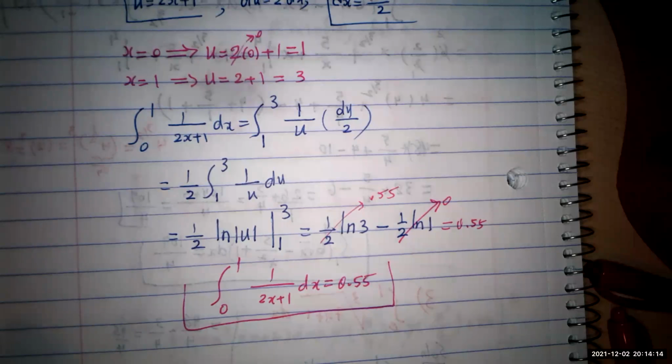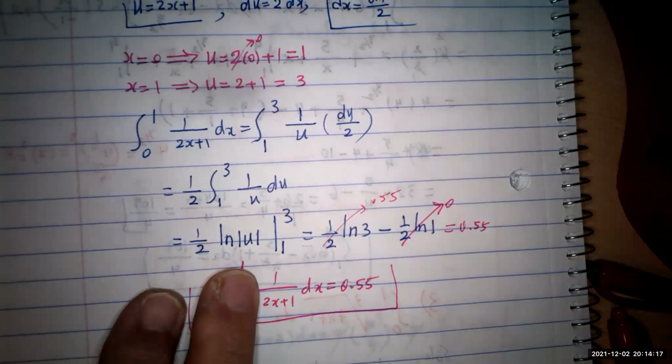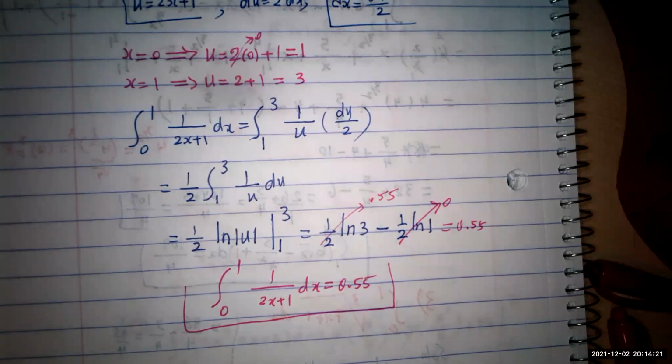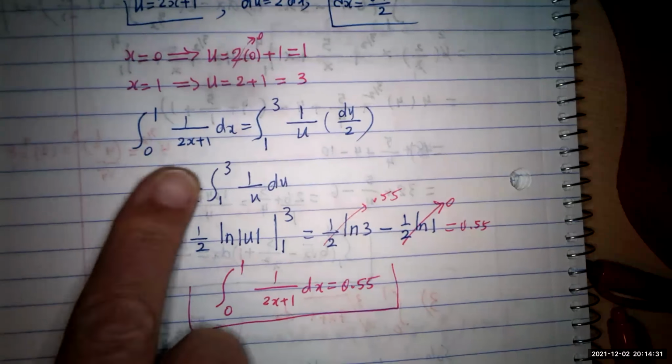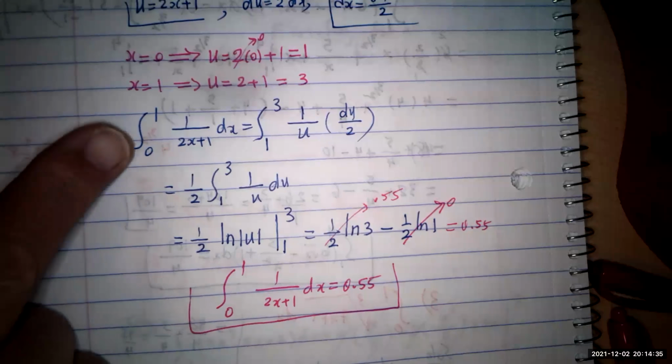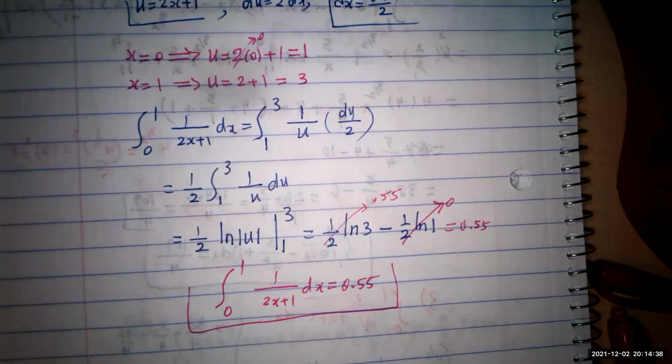But when you deal with the function, if a function is given to you, you just drop the x in and you get the value of the function. So in the case of the function, you are going to have infinitely many numbers. The function is this one, 1 over 2x plus 1. So if you check all the numbers between 0 and 1, you have infinitely many numbers between 0 and 1.